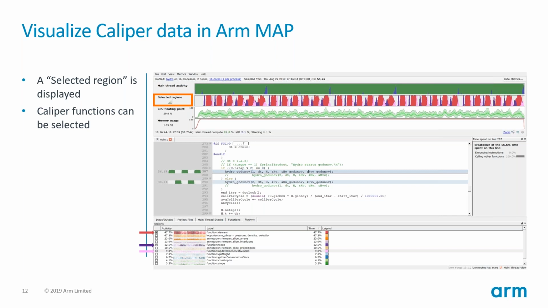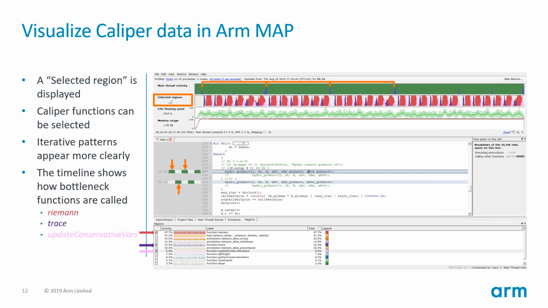This new profile clearly displays iteration and sub-iteration patterns when the application bottlenecks that we instrumented are running. In addition to the timeline sections, you can see that MAP also displays various metrics like CPU floating point or memory usage, as shown on the screenshot here.